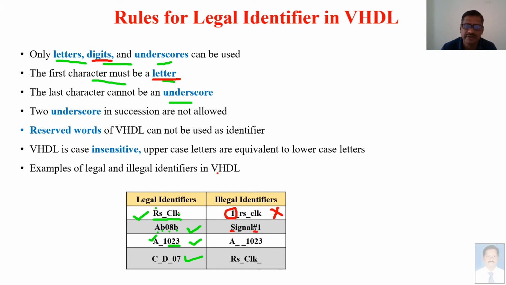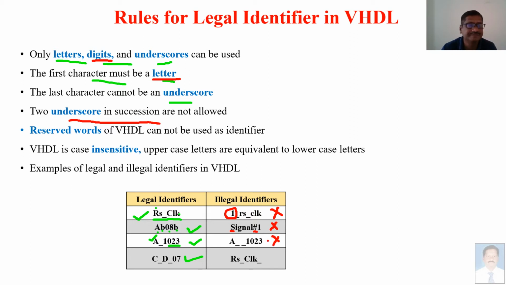Other than the underscore, we cannot use any other special character. That's why it is also invalid. Similarly, in A underscore underscore 1023, we cannot use two underscores in succession. That's why this is also an invalid identifier.